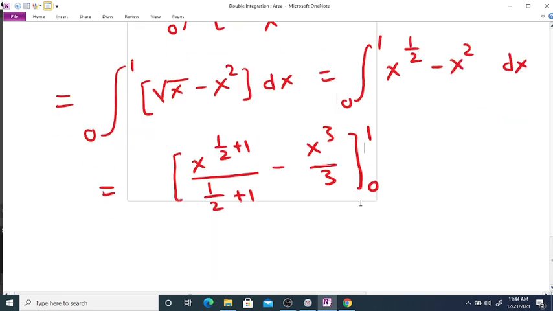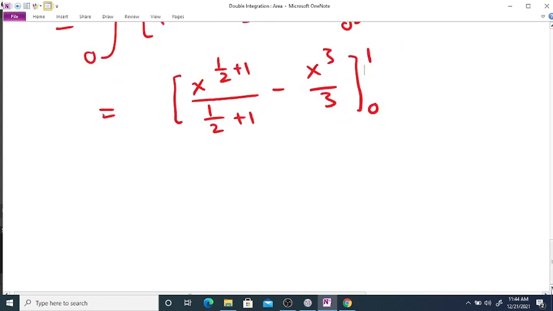For lower limit the value inside the bracket is 0. For upper limit it is equal to 1 divided by 3 by 2 minus 1 by 3.